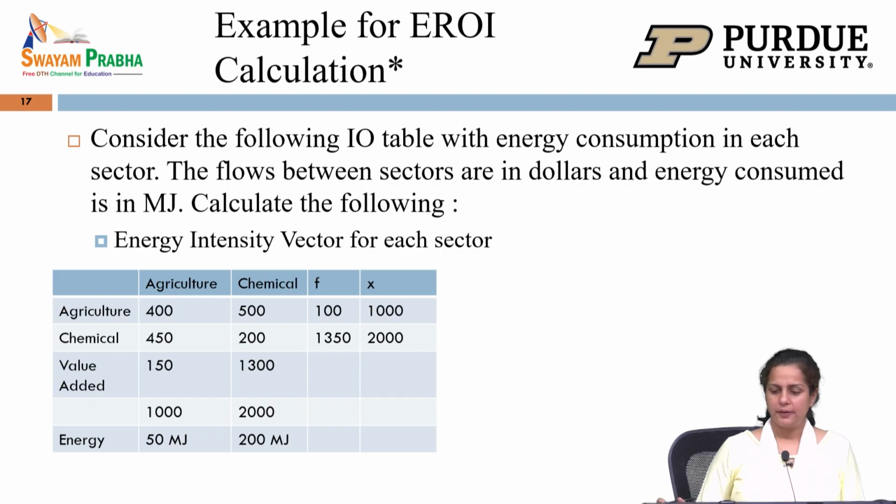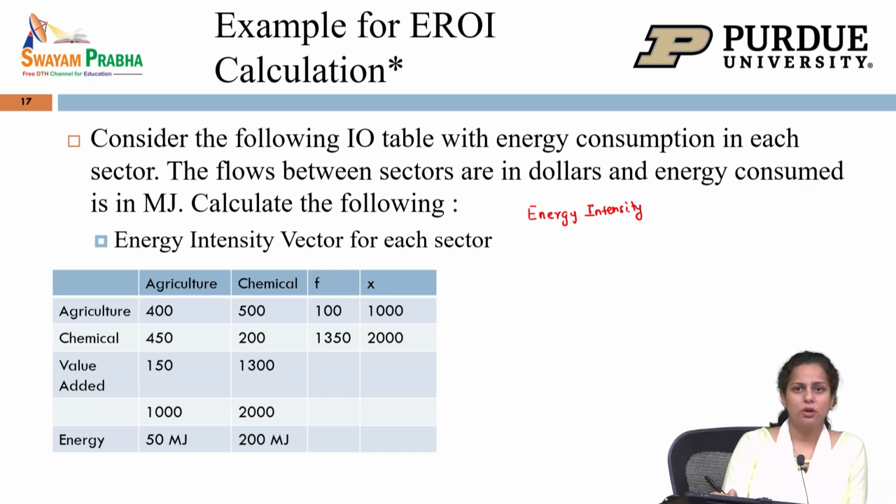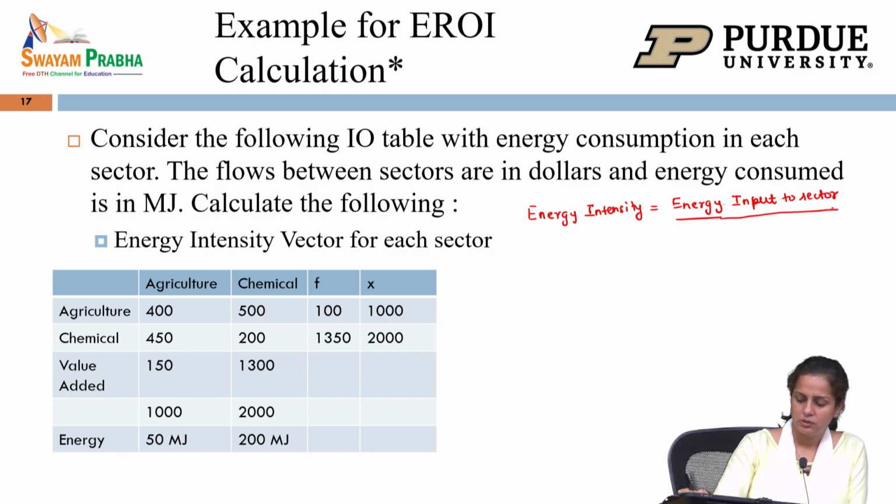So, energy intensity calculation is pretty straightforward. Remember our resource intensity definition was the total resource per unit dollar of output. So, energy input intensity will be energy input to the sector divided by total output.